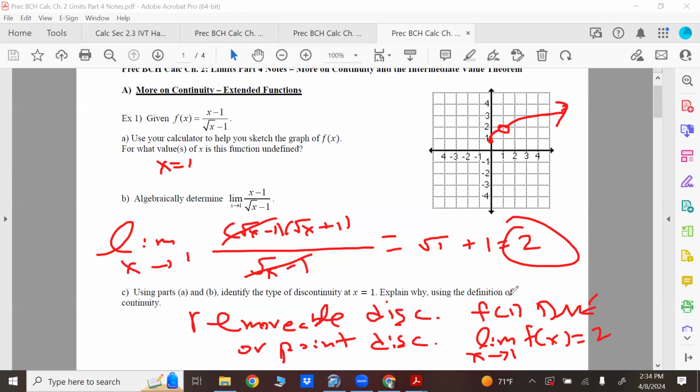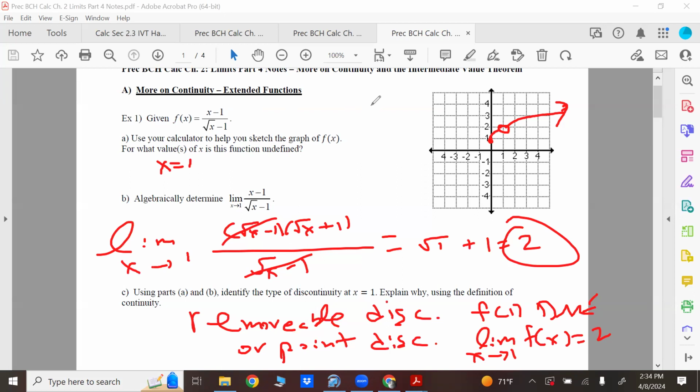Whenever the limit exists but the point does not exist, or the point does not equal the limit, that's a point discontinuity. But if the point exists but the limit does not, because the left-hand limit and the right-hand limit are different numbers, that's what we call a jump discontinuity.